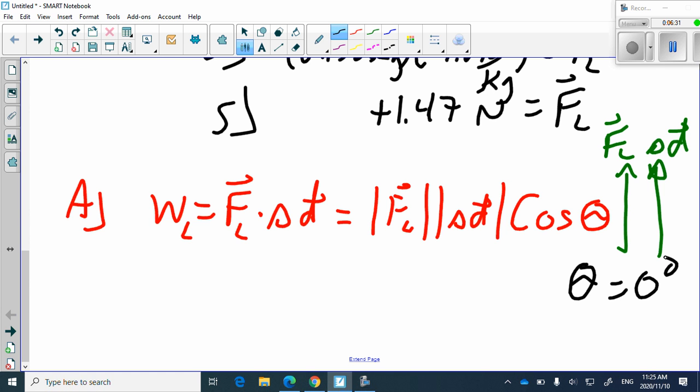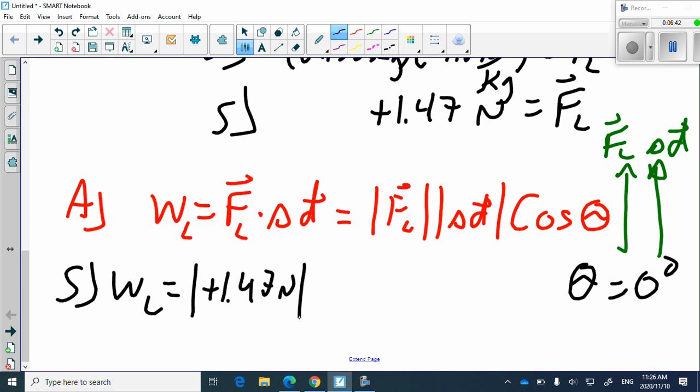So now I can substitute: work by lift equals the magnitude of the force, 1.47 newtons, times the magnitude of the displacement, well, it's a displacement of positive 2 meters upward, times the cosine of 0.